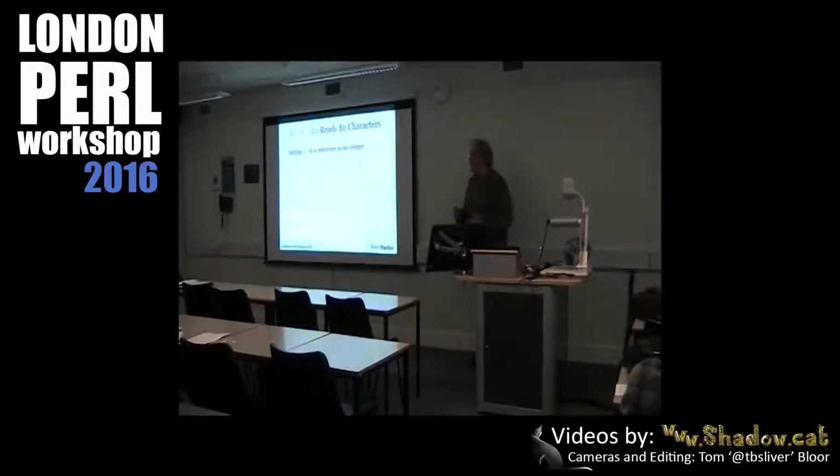Yeah, because Unicode. So previously it read that number of bytes. Now it reads that number of characters because Unicode complicates everything. And that's normally what you want. You're normally thinking about characters. Yeah, and as I say, Unicode does complicate everything.